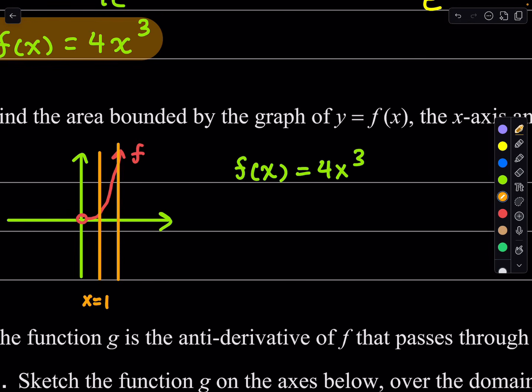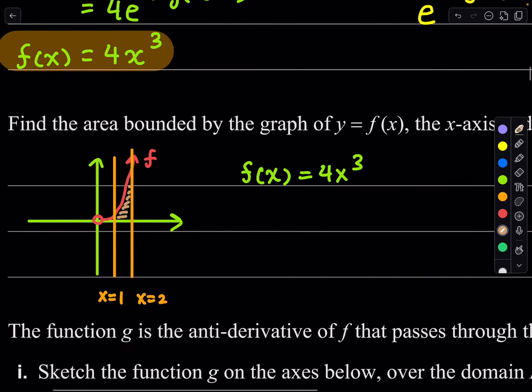And that's the line x equals 2. And so basically what we're trying to find is this area over here. Isn't that correct? And to do that, it's really easy. It's just basically the integral from 1 to 2 of f of x dx. Isn't that correct? Beautiful. That's all we have to do.